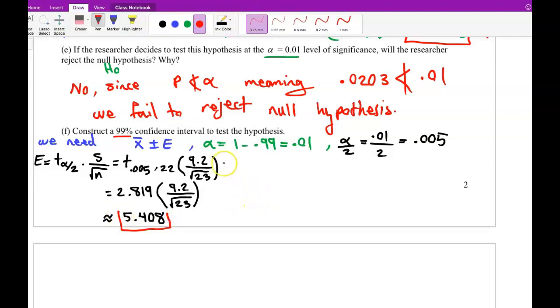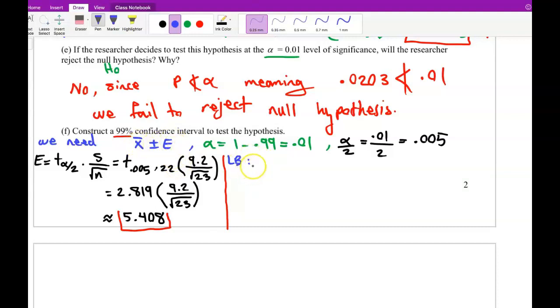Okay, now we can find the lower bound and upper bound. For the lower bound we have x bar minus e. For the upper bound we have x bar plus e.